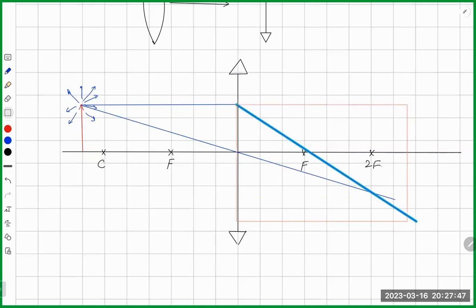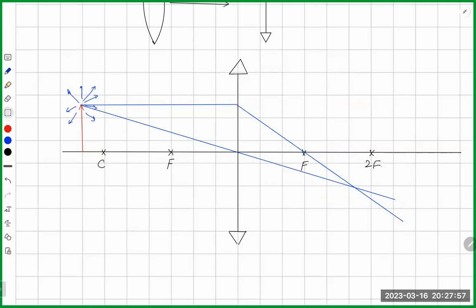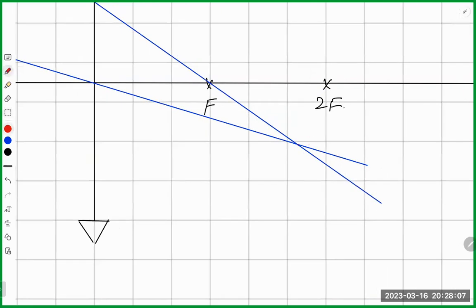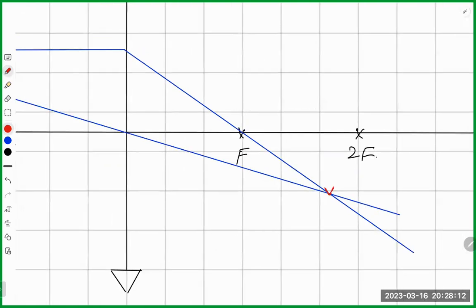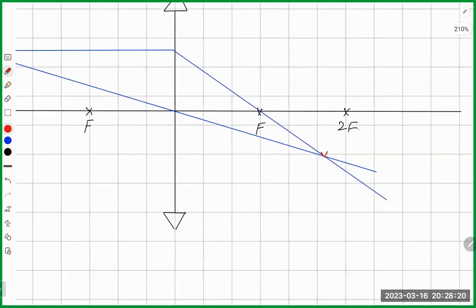So here we go. This is how we can track down where the image should be formed. This is the position where the image of the head is formed. And because the tail is already on the principal axis, the tail image will be formed on the principal axis. So this is how the image will be seen.